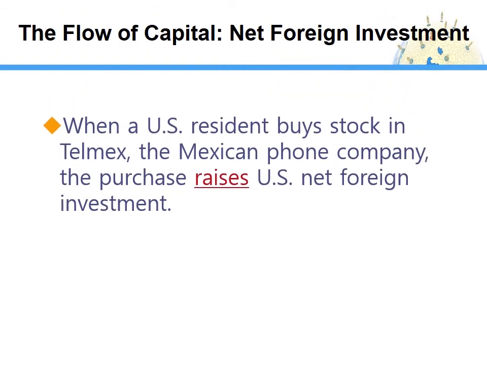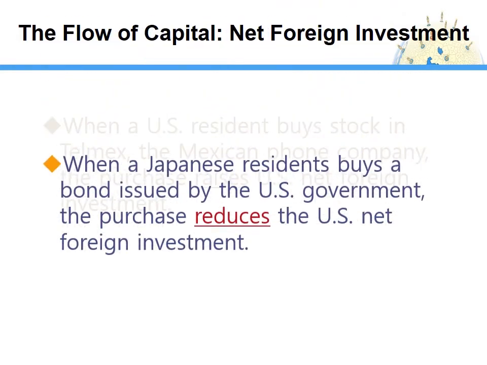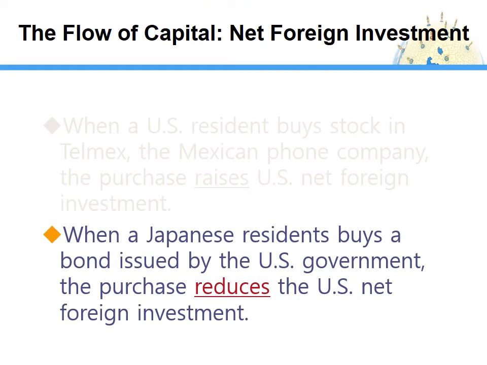When a US resident buys stock in Telmex, the Mexican phone company, the purchase raises US net foreign investment. And then, when a Japanese resident buys a bond issued by the US government, the purchase reduces the US net foreign investment.